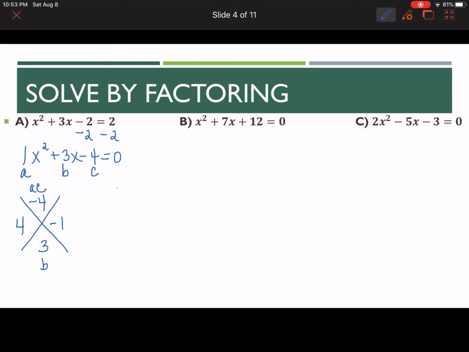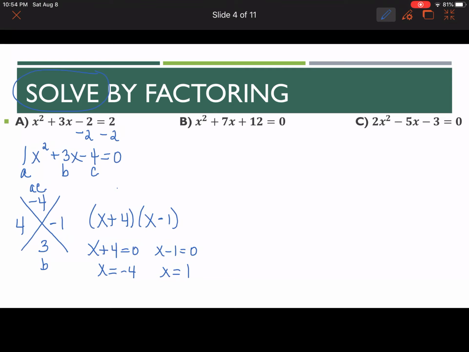Now, because a is 1, we don't need to go and make a box. We can go directly to our factors. Okay, that would be our factors. But because it's asking us to solve it, we're going to set these equal to 0. And we get x equals negative 4, and x equals positive 1.